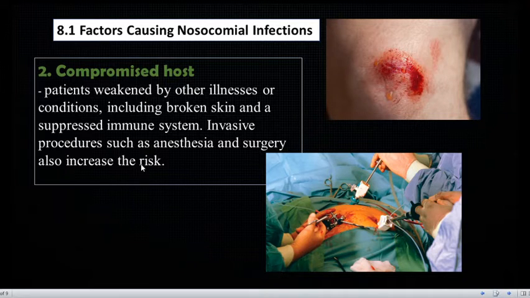Because when you are having invasive procedures, it involves the interior environment of the body. You are breaking, for example in surgery, the first line of defense. You are opening the first line of defense, which is the skin. So, when there is a breakage in your first line of defense, you are automatically susceptible to nosocomial infections.